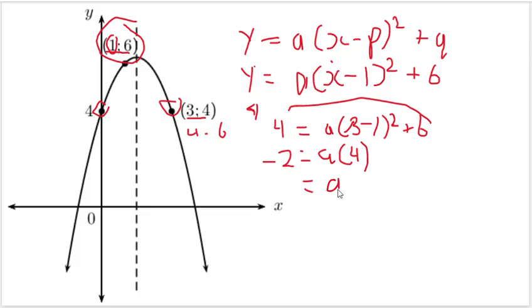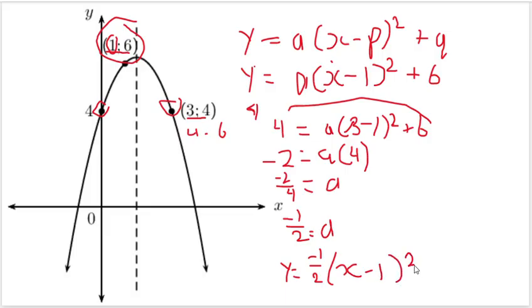Now our a value is -2 over 4, which eventually becomes -half. Now to write this equation in full, we're going to say y equals -half open brackets x minus 1 squared plus 6.